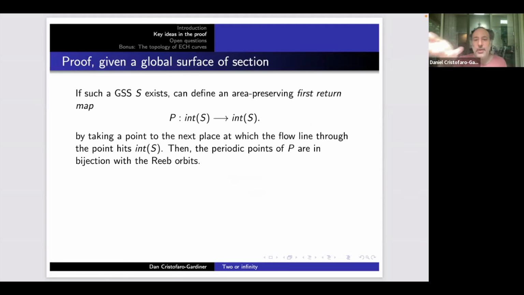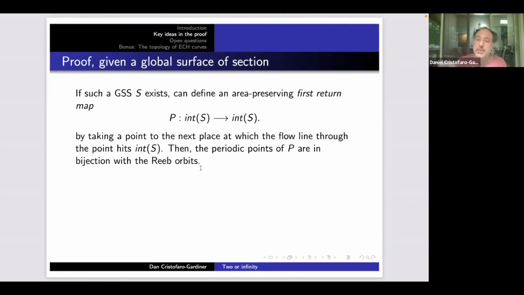Okay, so in other words, if I actually have this, I get a map from the interior of this annulus to itself. It has to preserve the restriction of d lambda because it's transverse to the Reeb vector field. And so you get this kind of dimensional reduction where instead of studying the dynamics of the three-dimensional flow, you can study the discrete dynamics of this area preserving map of the open annulus.